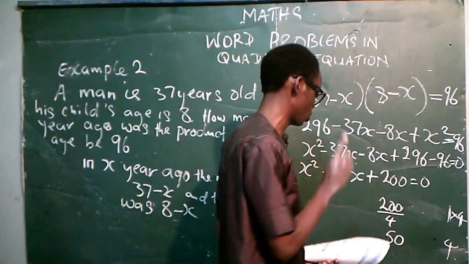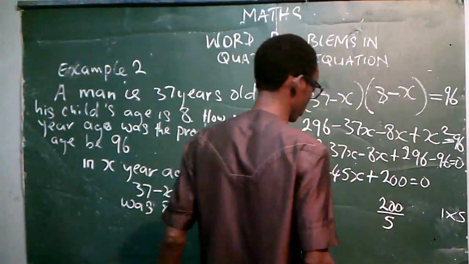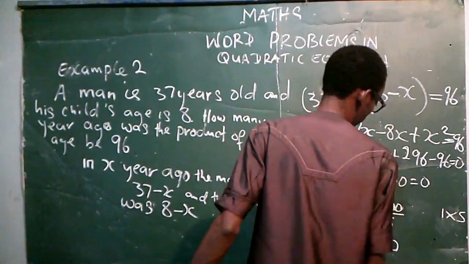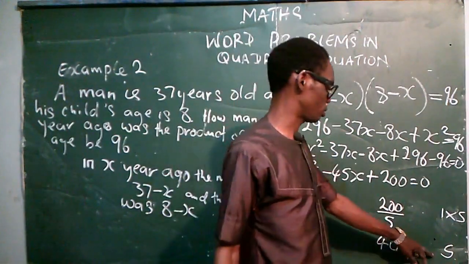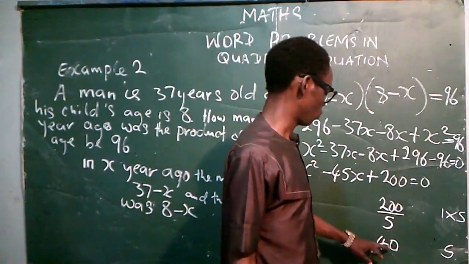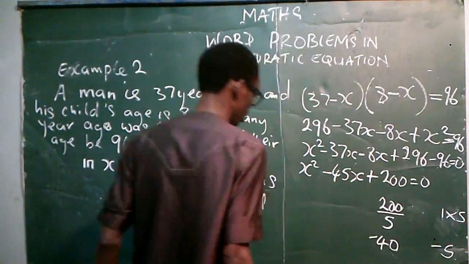Alright, let me try 5. 200 divided by 5 is 40. 40 times 5 will give me 200, and 40 plus 5 will give me 45.